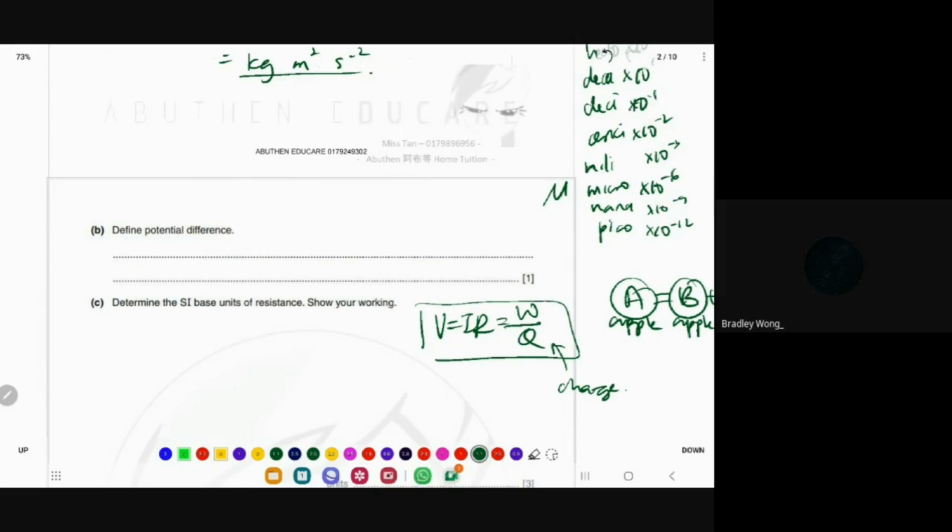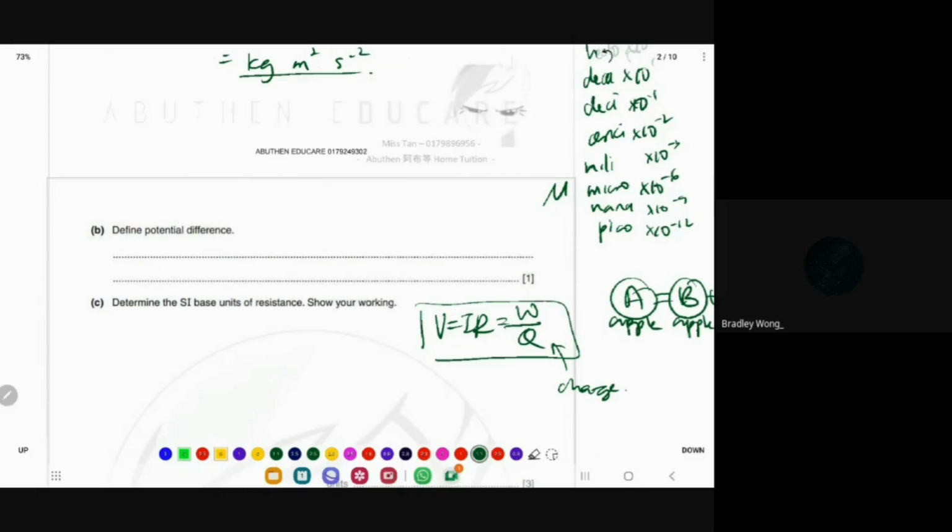You can say it's to define potential difference. Yeah. You can say work done per unit charge. Never mind. You try see yourself.